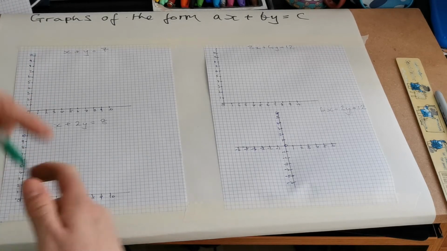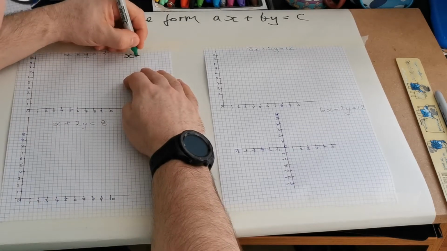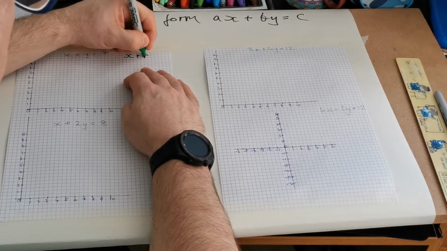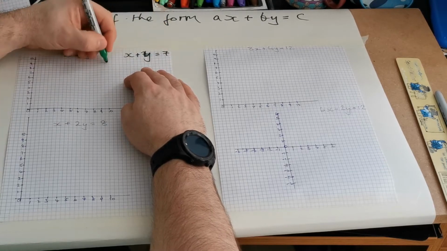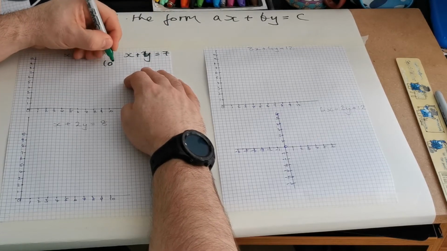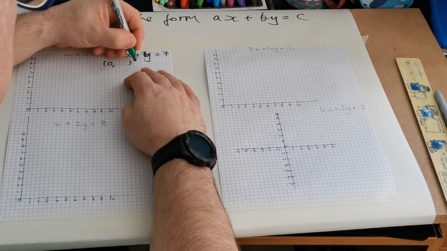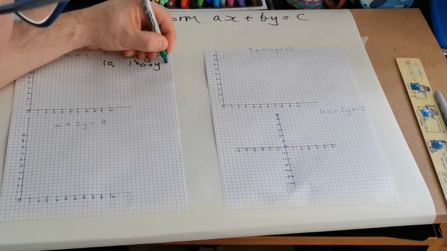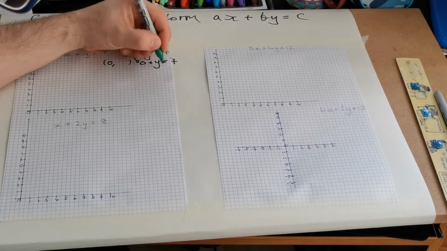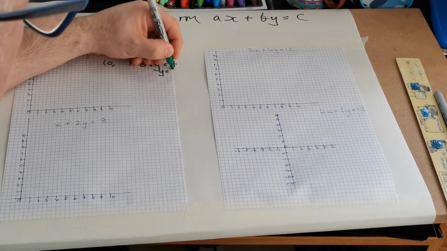So in x plus y equals 7, if at the point 0 something, that means that x equals 0, I'd have 0 plus y equals 7, and I think that's clear that means that y equals 7.